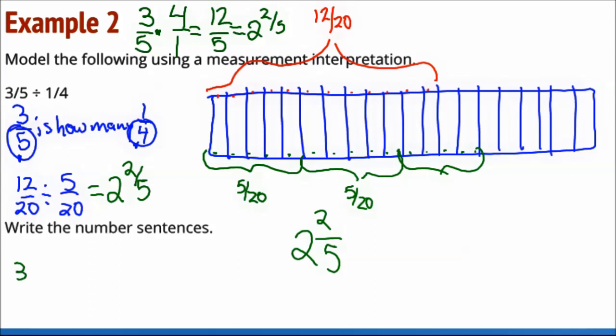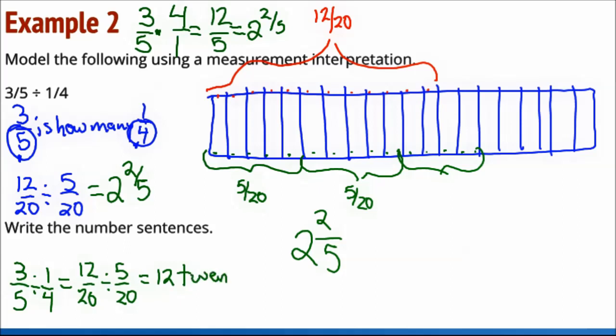So I have 3/5 divided by 1/4, and I turn this into 12 20ths divided by 5 20ths.